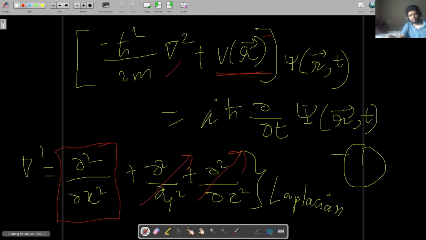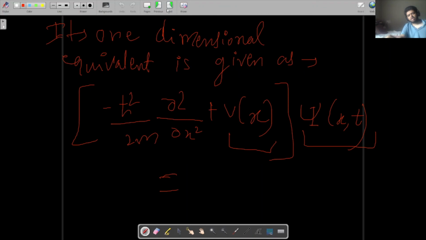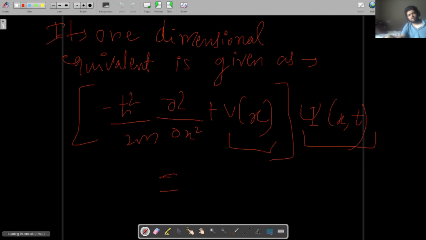You can see that instead of r comma t we will have x comma t, because we are constrained in motion. So instead of this complete r, again it will be x. So here also, instead of the r vector, I have put x. And why have I left out the vector sign? Because in one dimension you need not specify i cap, j cap, k cap.